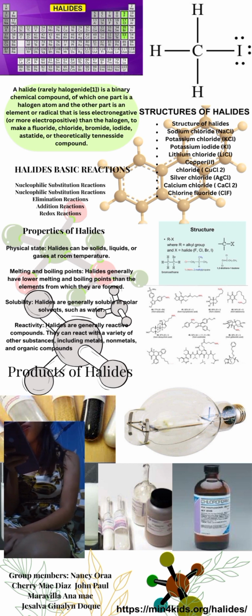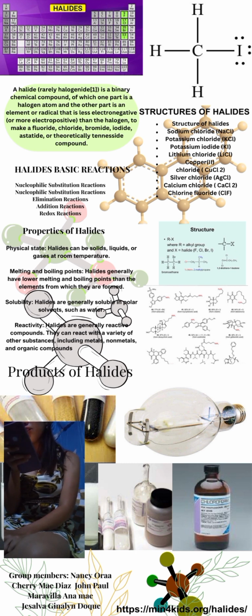For example, chlorine reacts with hydrogen to form hydrogen chloride or hydrochloric acid. Reaction with water: some halides can react with water to form hydrohalic acid. For example, fluorine reacts with water to form hydrofluoric acid.